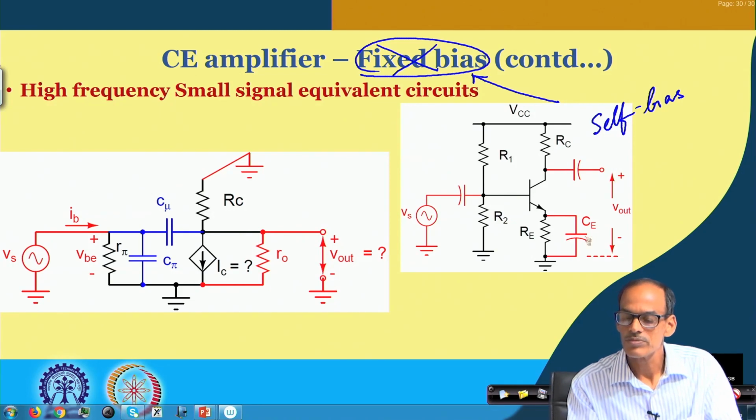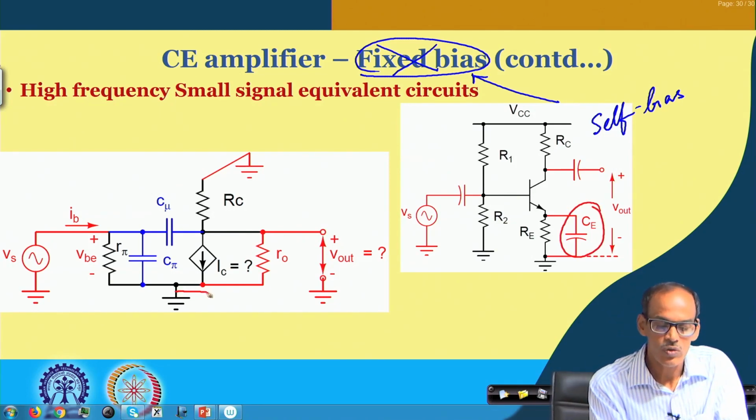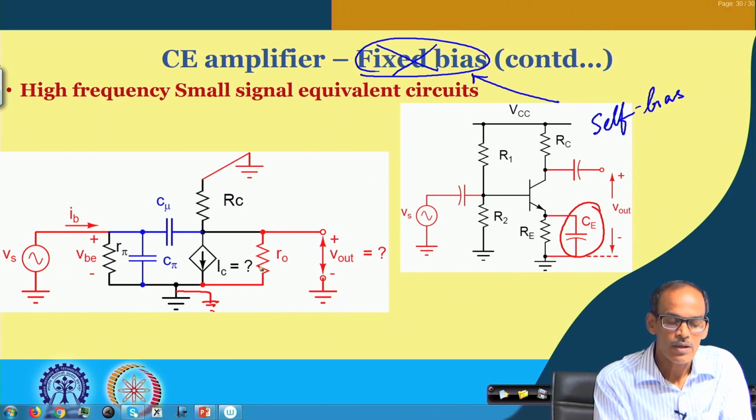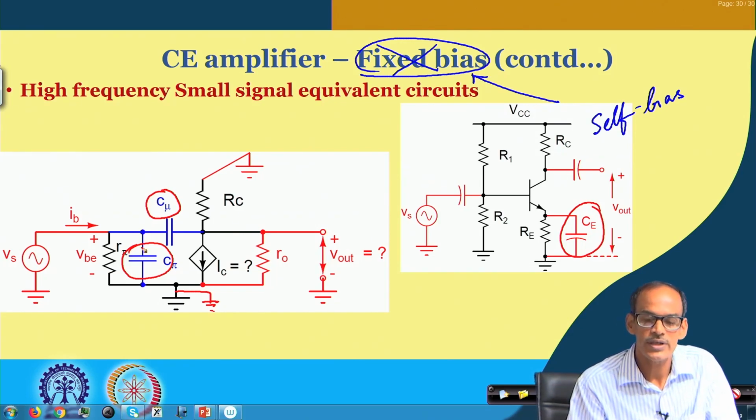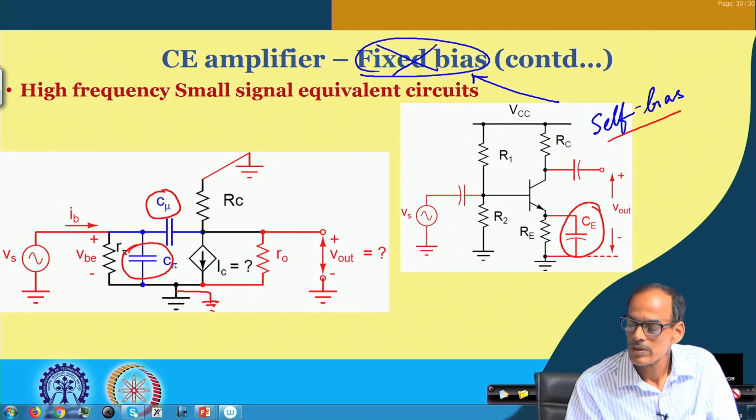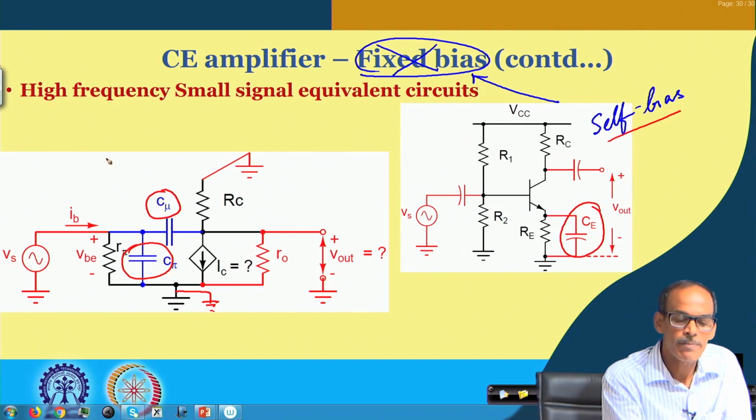Primarily this CE is making this node AC ground, and in addition to whatever we have discussed so far, the parasitic components, namely C mu and C pi, also come into play, particularly for high frequency application. So, the high frequency small signal equivalent circuit for the self bias circuit will be similar, and of course we can retain this RBB here.